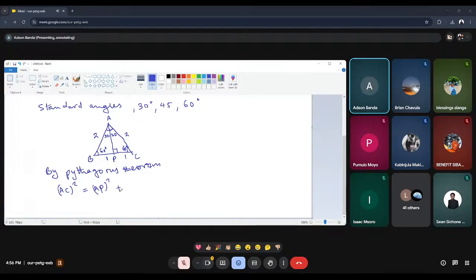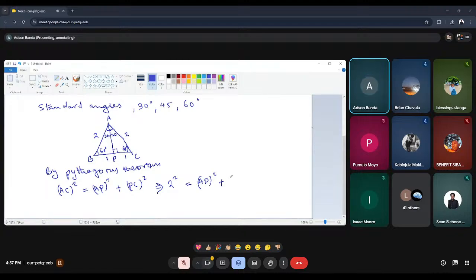plus PC squared. So that's what we have from Pythagoras theorem. And so this now AC, we know what it is. It is equal to 2. So this implies that 2 squared is equal to AP squared. That's what we are interested in. And then PC is given as 1.